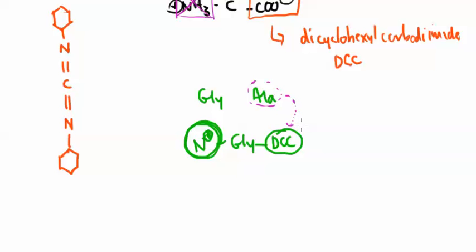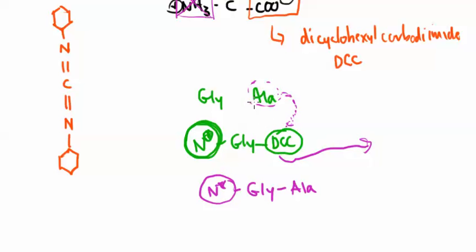That's very attractive. I think I'll swoop in for the kill. And we get glycine that still has this N-terminus protector group on it, but alanine has now joined up with glycine. It came in, took a look at DCC, kicked it off, and alanine has taken the DCC place. Almost like a substitution reaction. So here we get glycine that comes first, and then alanine that has come in second.